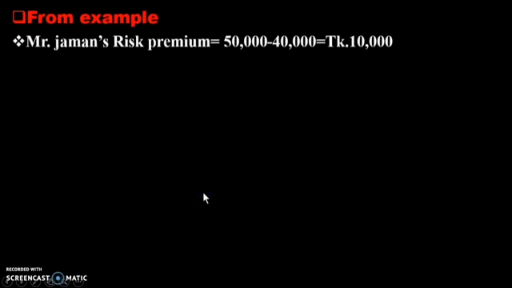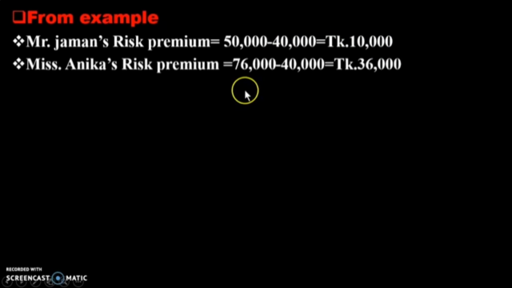From the example, Mr. Jaman's risk premium equals 50,000 minus basic salary 40,000, equals 10,000. Miss Anika's risk premium is also high because her risk is very high, out of our country in a foreign country, Sierra Leone. So her risk is high and risk premium is also high. 76,000 minus 40,000 is taka 36,000.